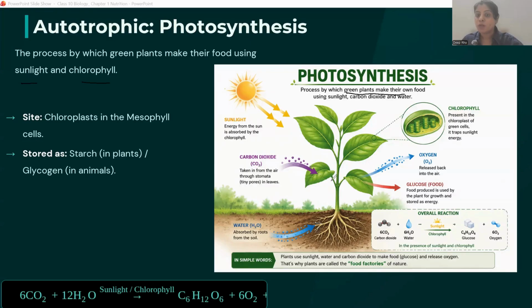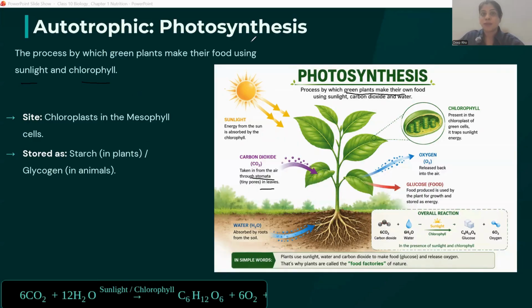Carbon dioxide from the environment is taken through the stomata. Stomata are special cells present in the leaf or stem, the shoot part of the plant.